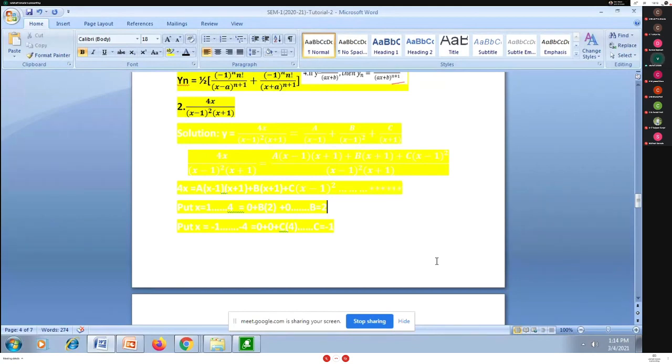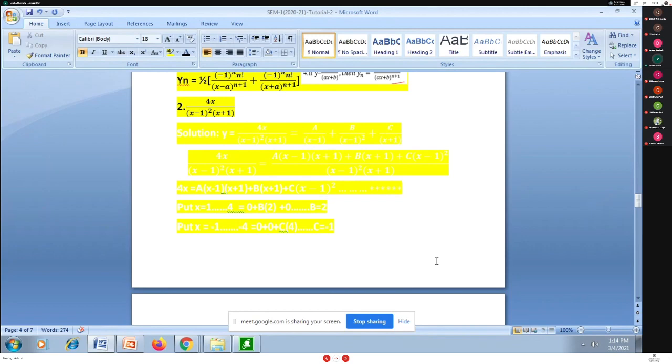The denominator is already in terms of factors: x minus 1 and x plus 1 are the two linear factors. But x minus 1 repeats 2 times. So the denominator is a combination of linear repeated and non-repeated factors.